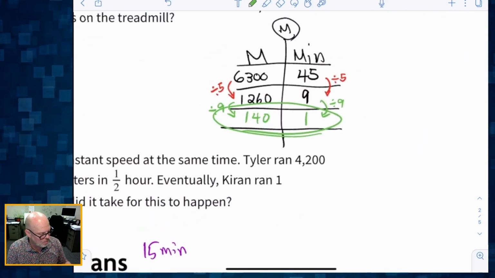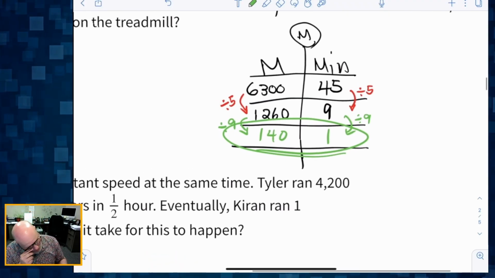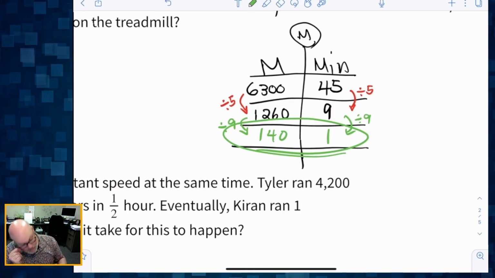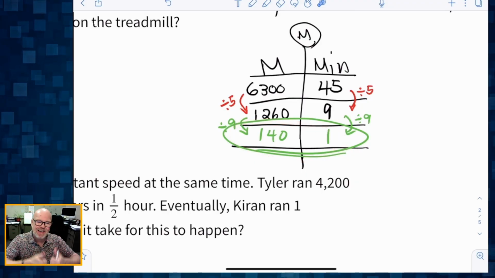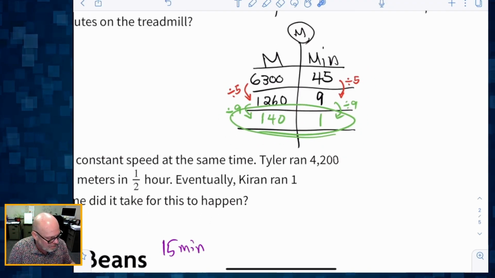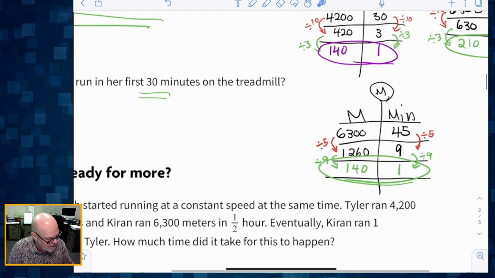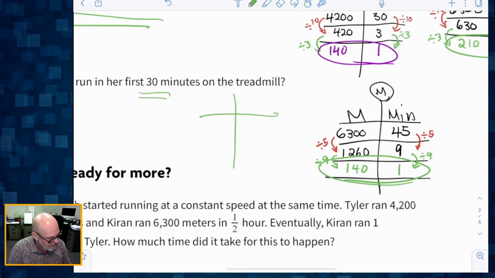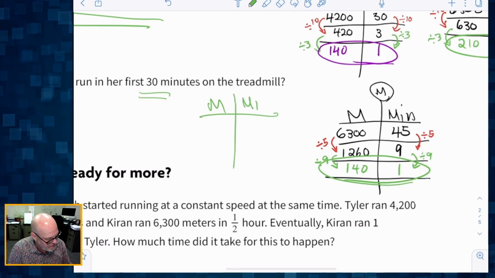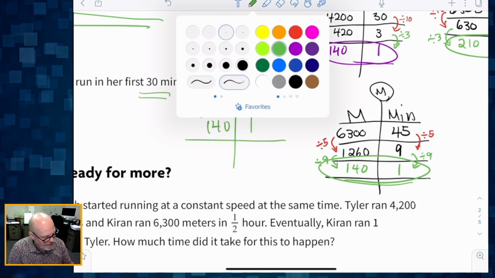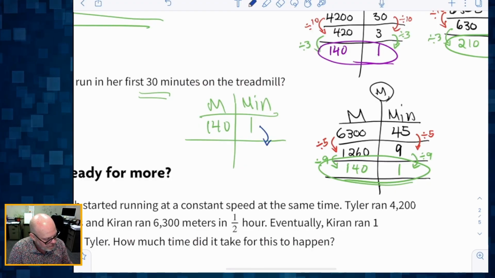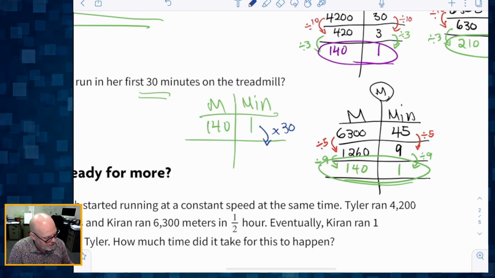Well, what are we going to do? If we want to know how far Mai runs in 30 minutes, then what we're going to do is take her unit rate and scale up by multiplying by 30. If she does 140 meters in 1 minute, then I'm going to scale up by multiplying by 30.